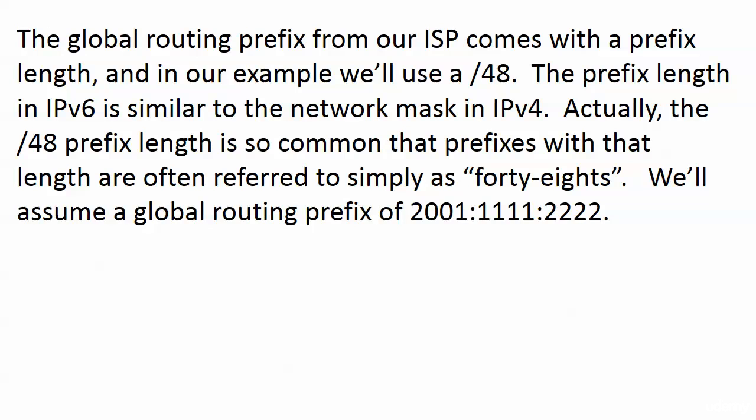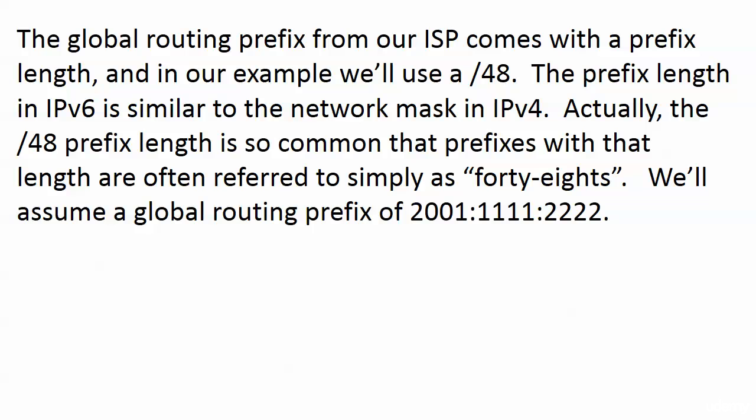And the prefix length in IP version 6, it's really like the network mask in version 4. And the /48 prefix length is so common that prefixes with that length are often just referred to as 48s. You don't even hear people say /48. So if you hear that term, you know what they're talking about.